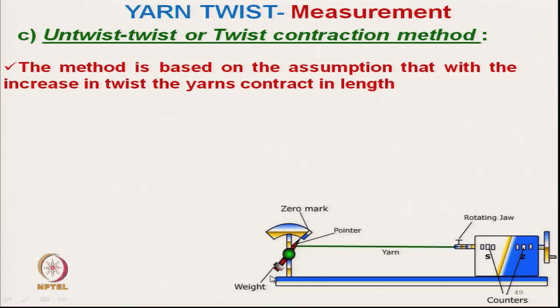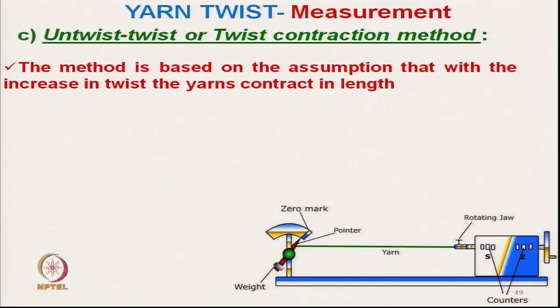Here the system is that this is the pointer with a certain minimum load of tensioning, and the yarn length is selected in such a fashion that the yarn pulls the pointer so that it comes to the zero position, the zero mark. The pointer is inclined, and the yarn is under tension of this dead weight, some minimum load.